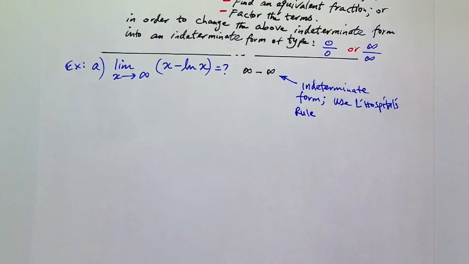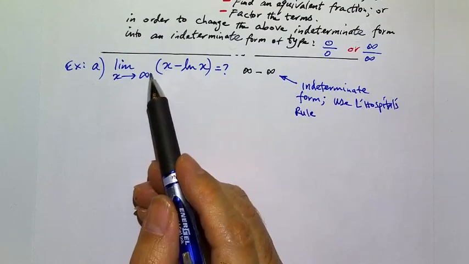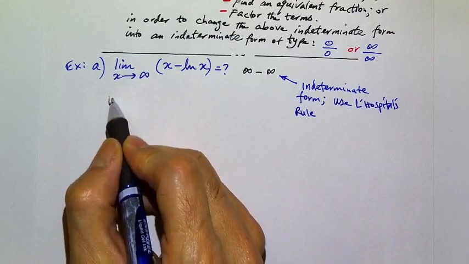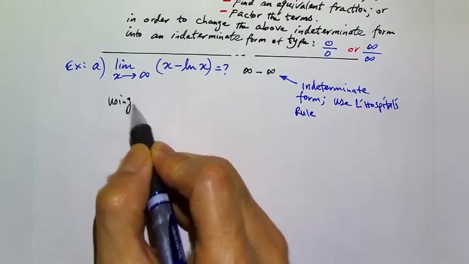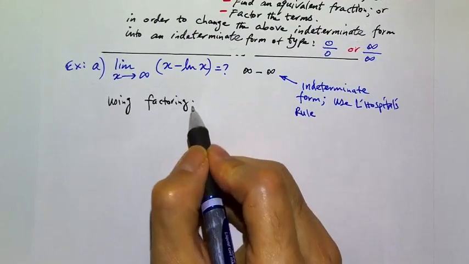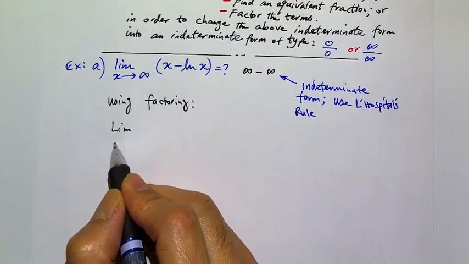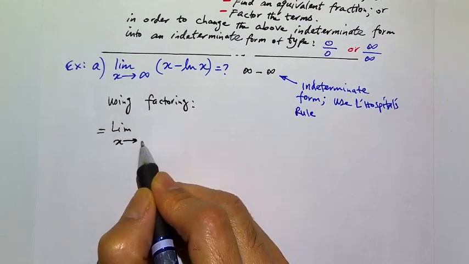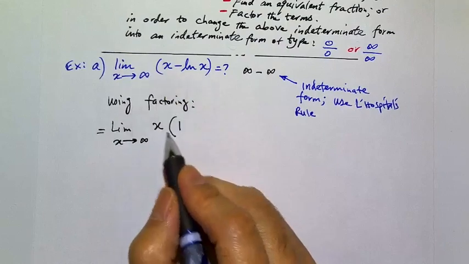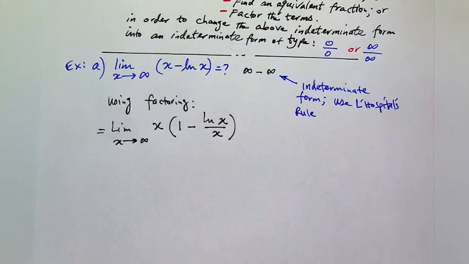Okay. So in this case, if we factor out x, we will end up with a fraction. So let's use factoring. Factoring this expression, we will have the limit as x goes to infinity of x times 1, right? x times 1 is x, minus natural log of x over x.